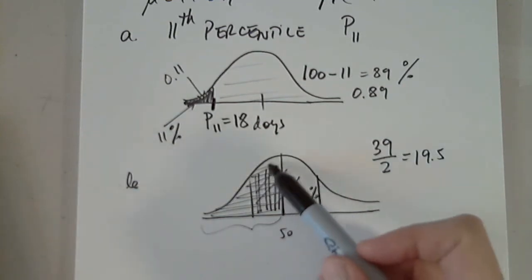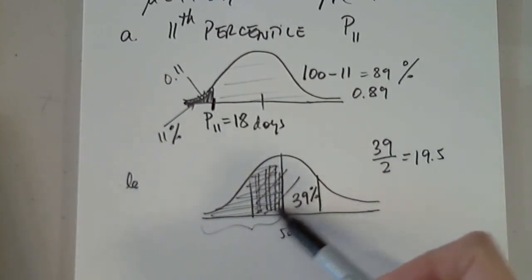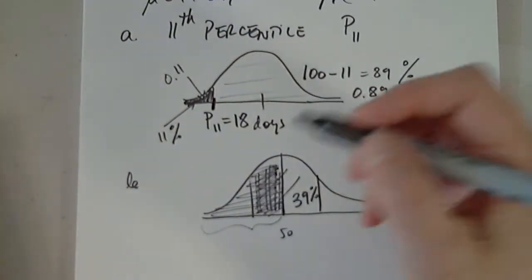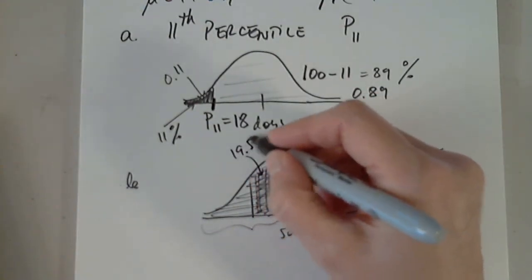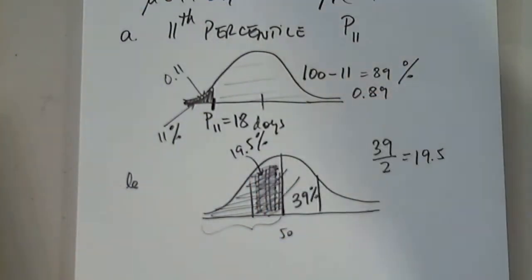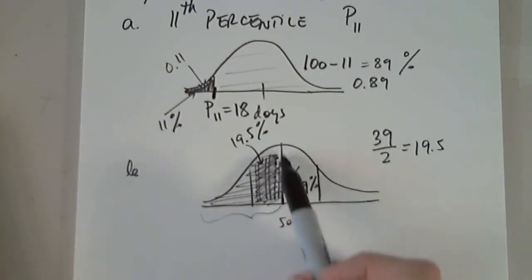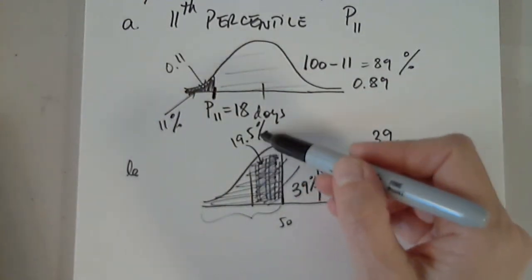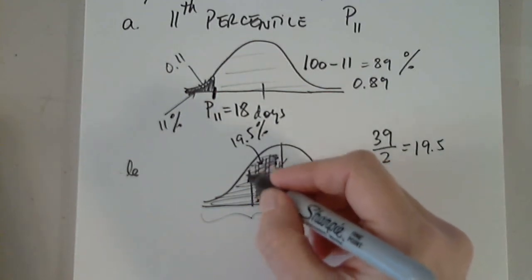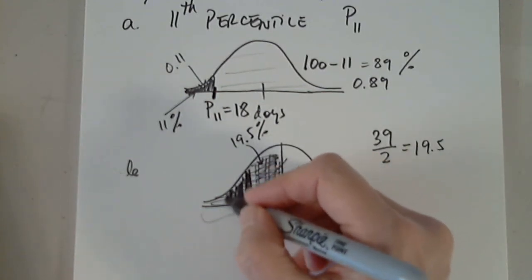So then this piece is 19.5%, or 0.195. So from 50%, I subtract 19.5%, and this will be the area I need to put in the graphing calculator.